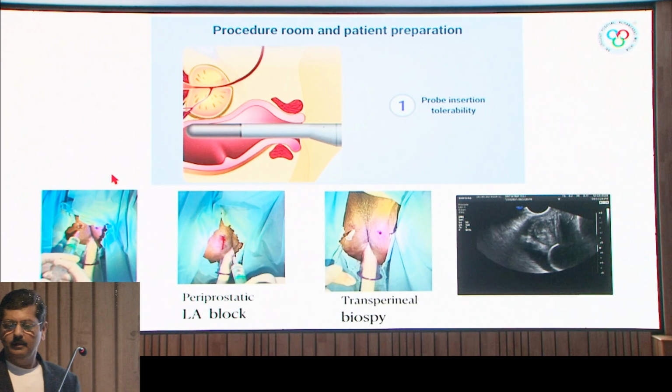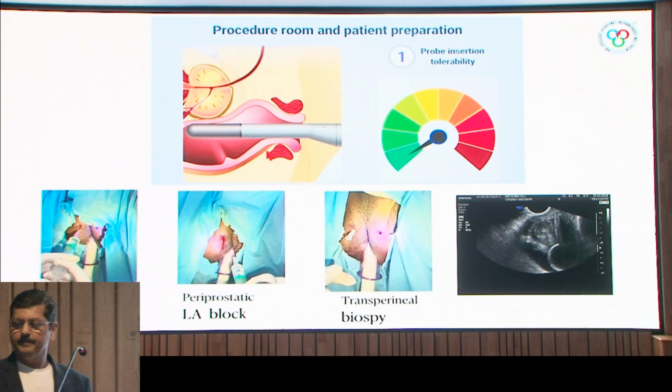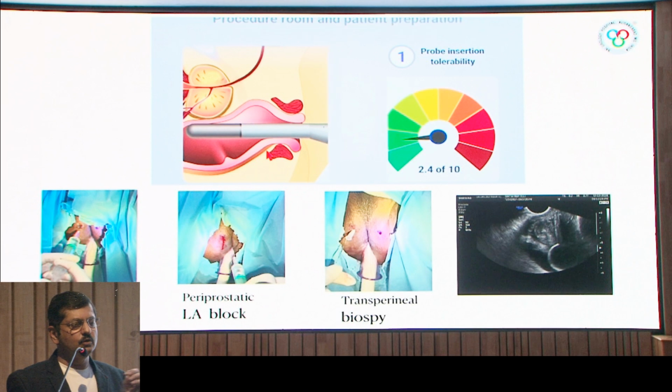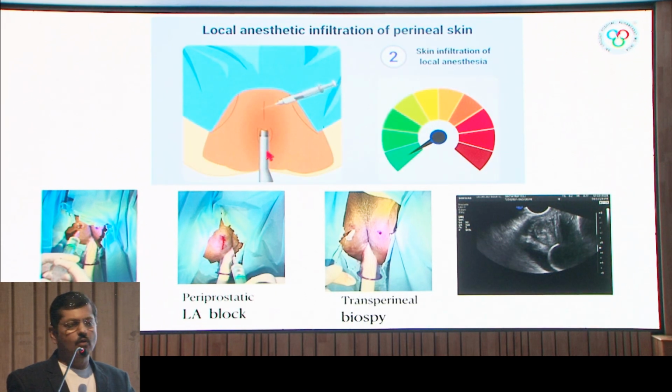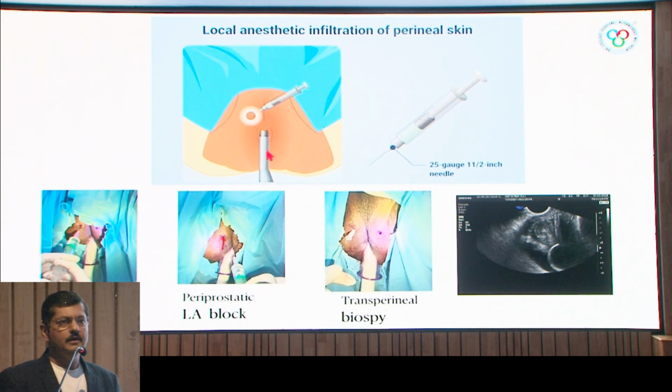Okay. So when you do this, this is done transperineally, so less chances of infection. No coliform bacteria will enter the prostate through the rectum. This is fairly, I will not say a simple procedure, but once you start doing more biopsies, you will get used to all these transperineal biopsies.